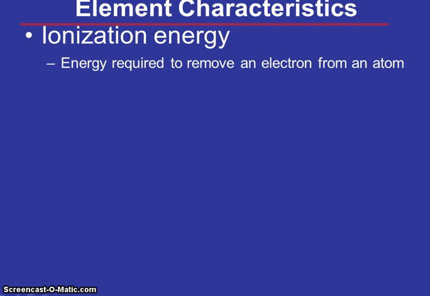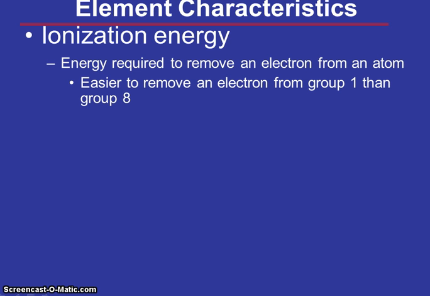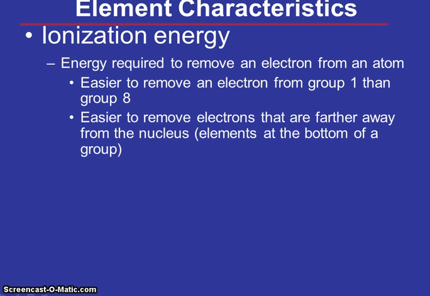So ionization energy is the energy required to remove an electron from an atom. It's easier to remove electrons from group 1 than from group 8. And we know that because group 1 elements tend to lose one electron, but group 8 elements hold on to all of their electrons.